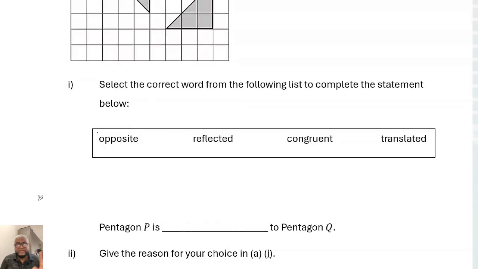All right, so I write it right on it here. I don't need to write the definition of the others, because we know what the others mean.